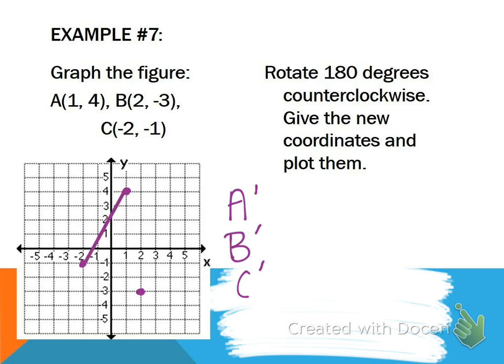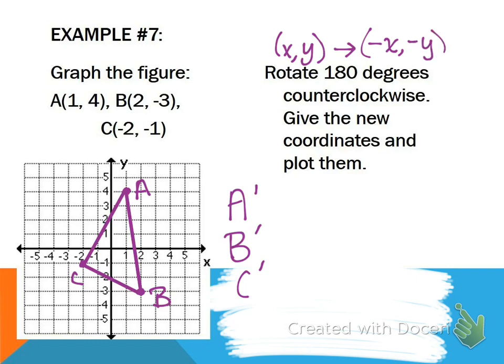All right, that's our initial triangle ABC. Now let's work on rotating those coordinates. So if we're rotating 180 degrees counterclockwise, remember that's one of the easy ones. What happens to x and y? They change sign. So if they were positive, they become negative.